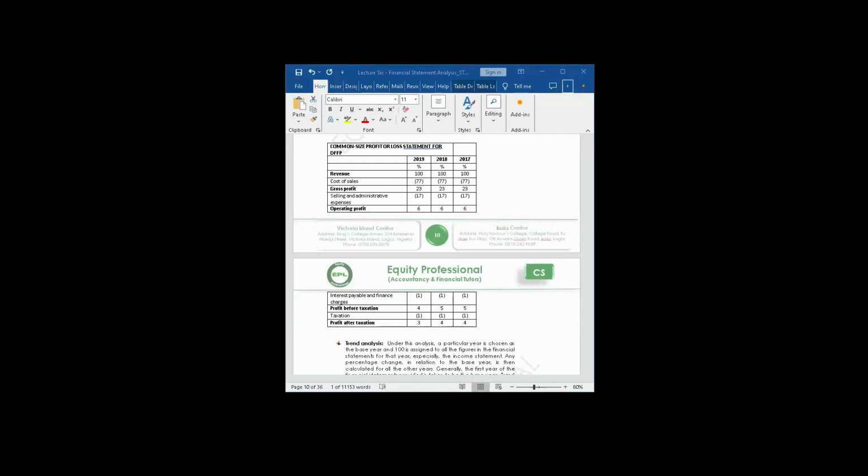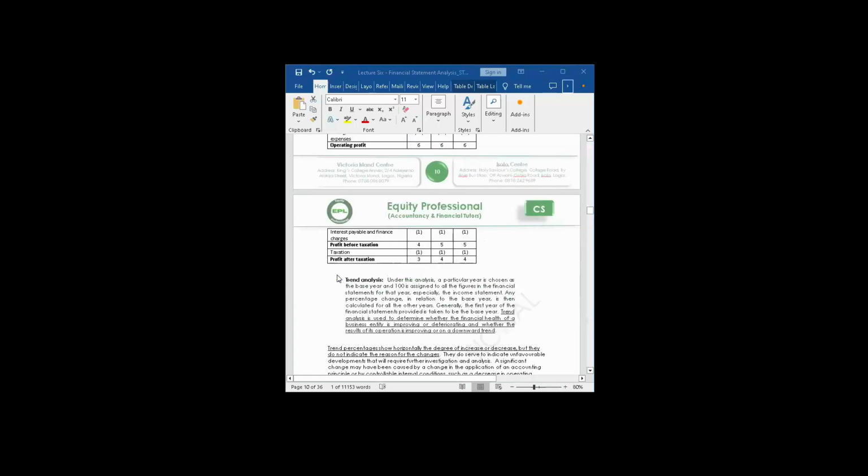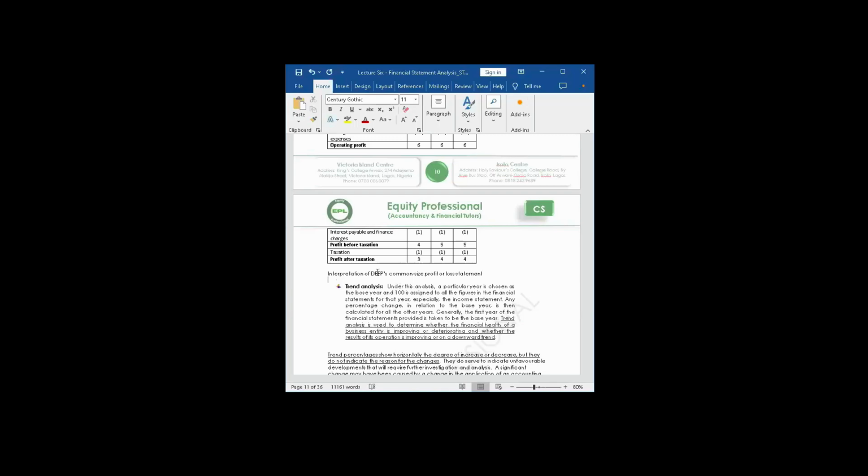So let's see a typical statement on that interpretation of DFFP's common size profit or loss statement.